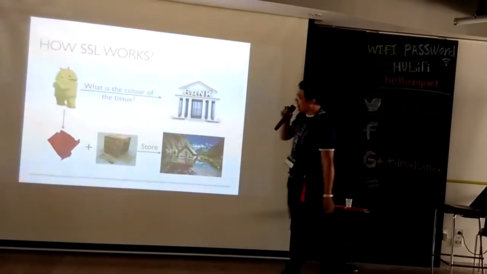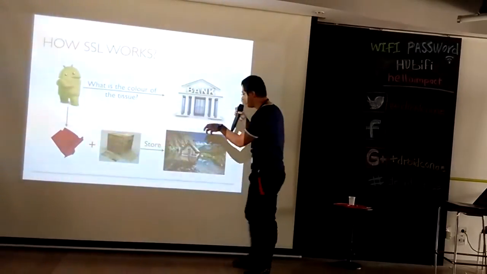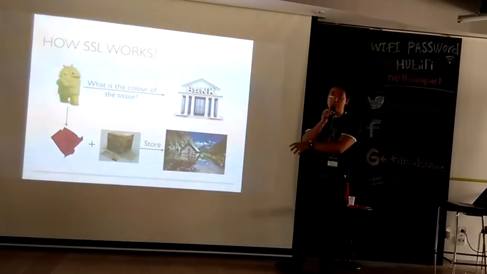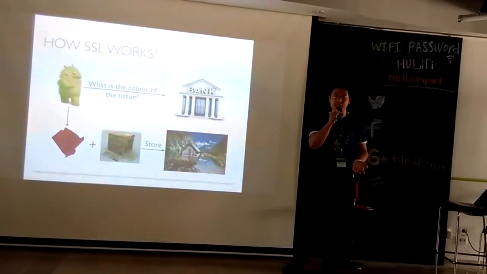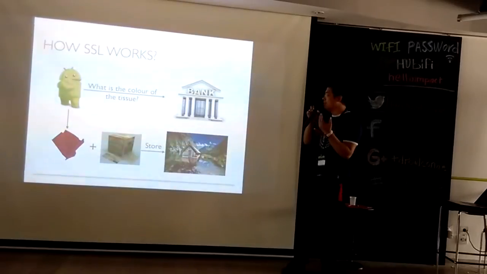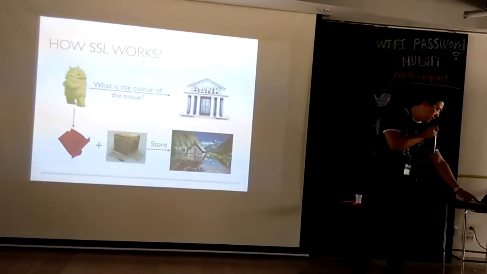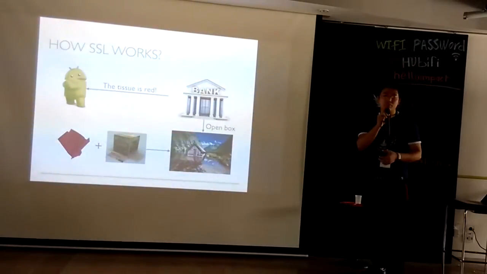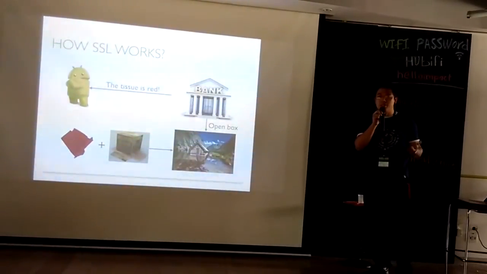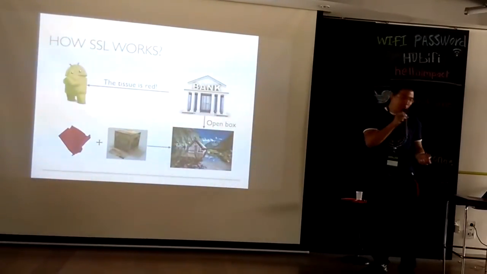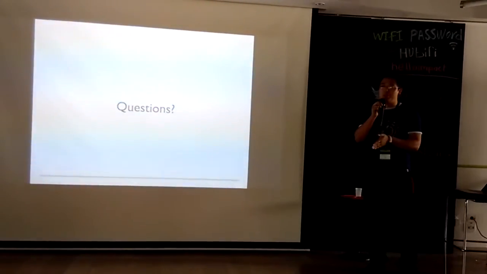Here, the user hides a T-shirt inside a box and stores it in a place where only the owner of the certificate can get access. And then you ask, what color is the T-shirt? So the bank opens the box and says the T-shirt is red.